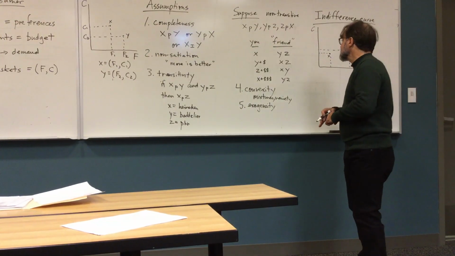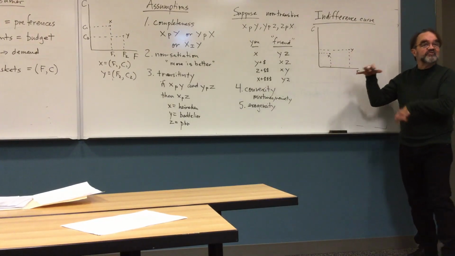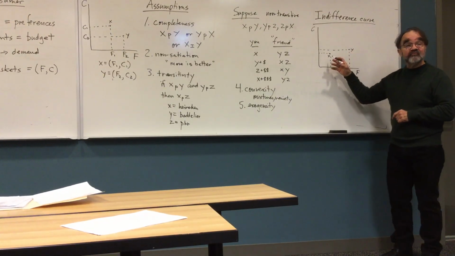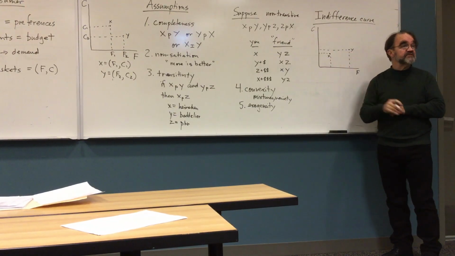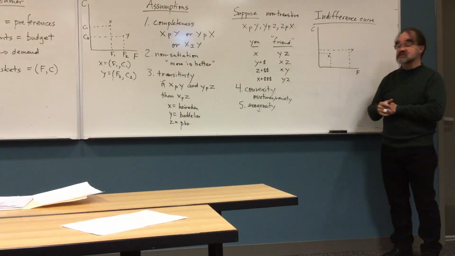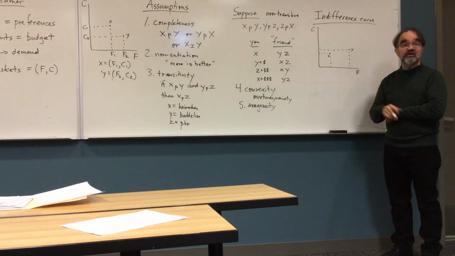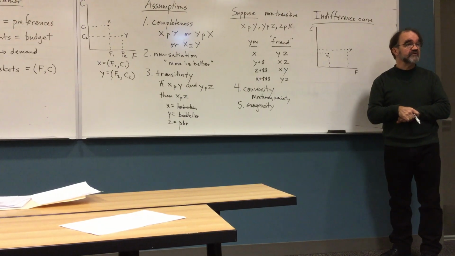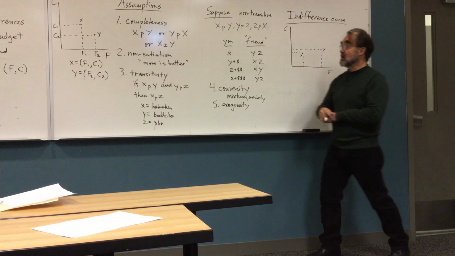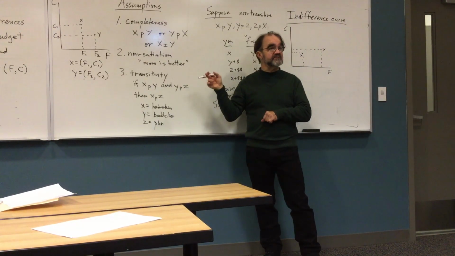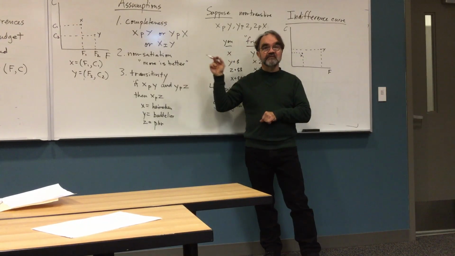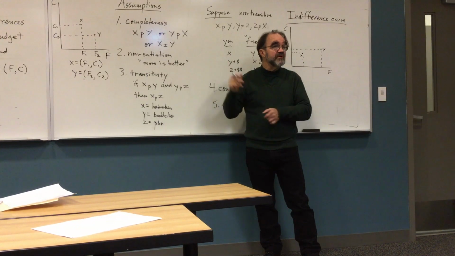I just want to be careful: given these assumptions, it cannot be the case that X and Y are on the same indifference curve. The assumption that would be violated is non-satiation.